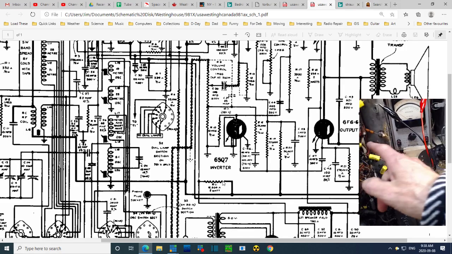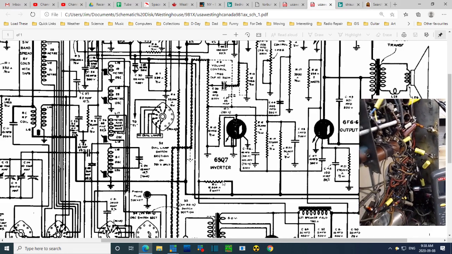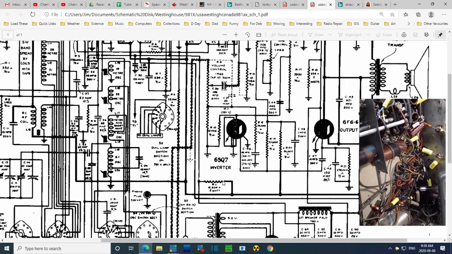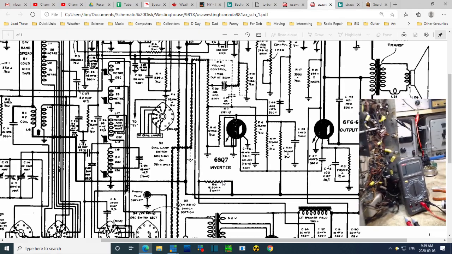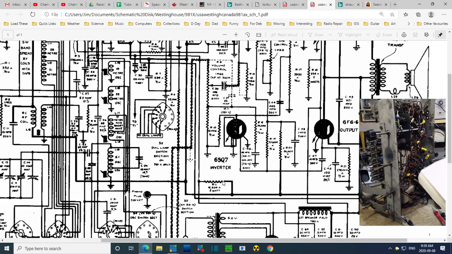Okay, so the other end of it though goes right onto a tube terminal, and that would be pin number 6 of the 6SK7. That's a plate, isn't it? Isn't that what that is? 6SK7, pin number 6.